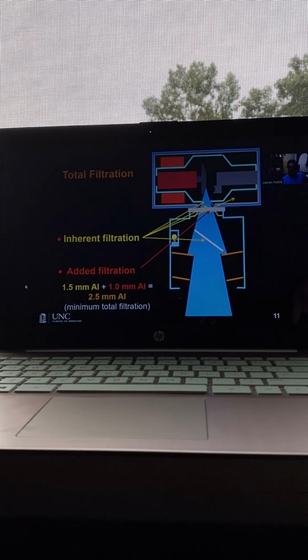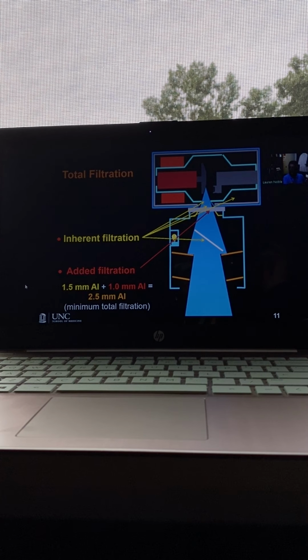So what this means is the glass window has to be a certain thickness, the tube port window has to be a certain thickness, the amount of oil in the tube and the thickness of the collimator mirror have to be such that those components filter out the same number of photons as 1.5 millimeters of aluminum.